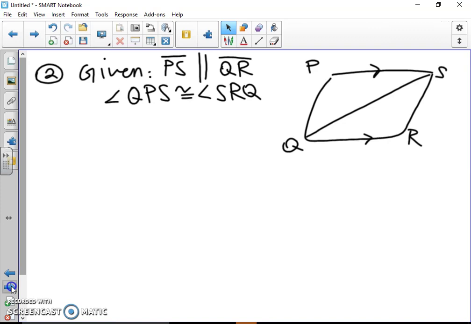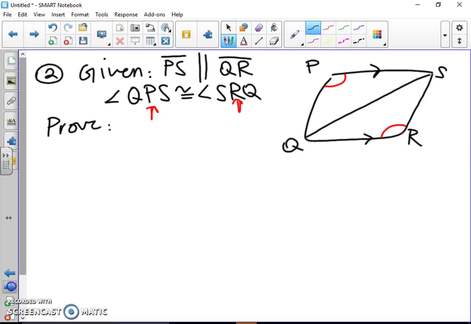All right, let's add that to the picture. So angle QPS right there is congruent to SRQ. So remember this middle letter, that's always the vertex of the angle. All right, we're going to prove this. We want to prove that PQ is congruent to RS.